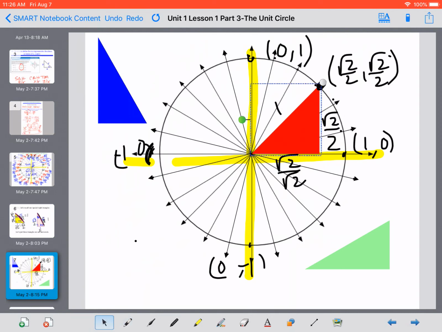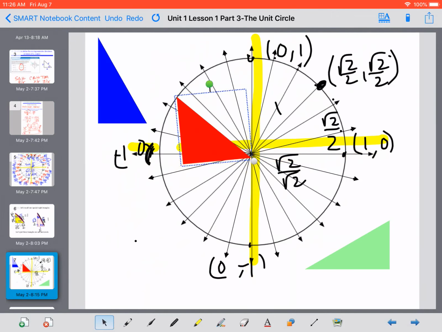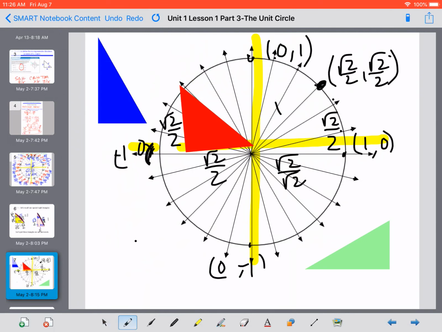Now, if I take this triangle and I put it in quadrant 2, the values don't change. This is still root 2 over 2. This is still root 2 over 2. But what does change is the positive negative sign of your x-coordinate. So this is going to be negative root 2 over 2, root 2 over 2.